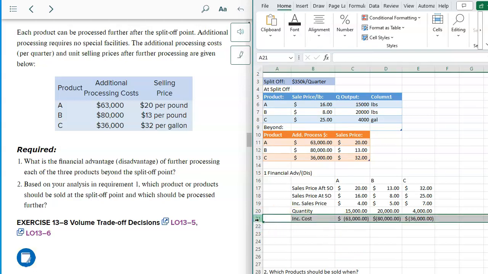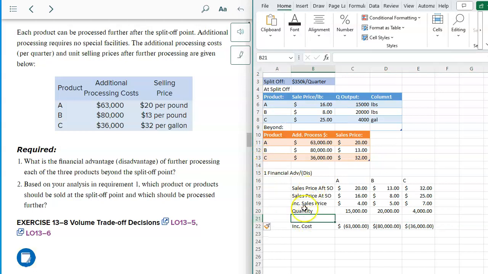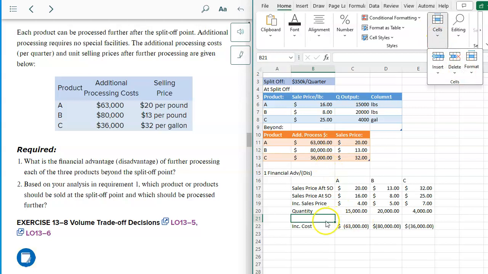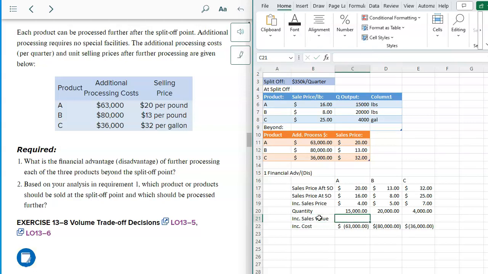So I'm kind of getting ahead of myself here. We're going to insert a line there. So we also need to calculate the incremental sales value before, so we have something to pull those costs out of. Okay.